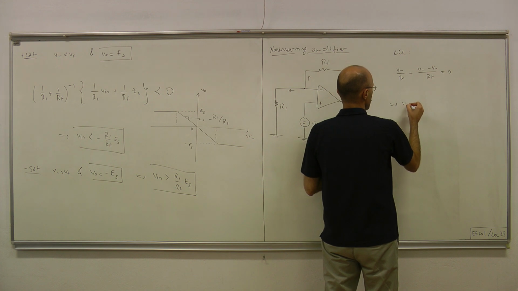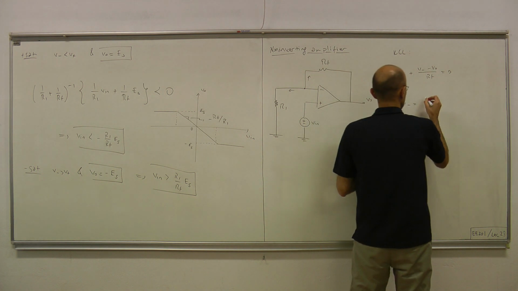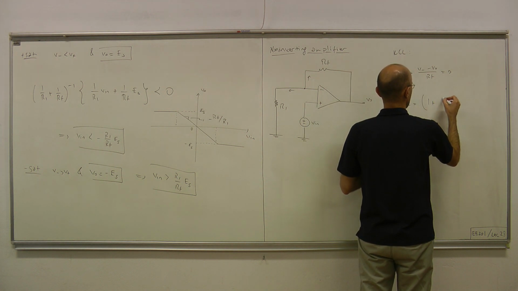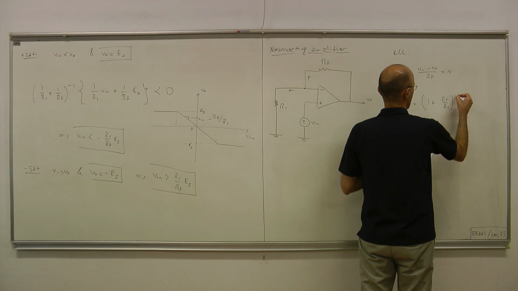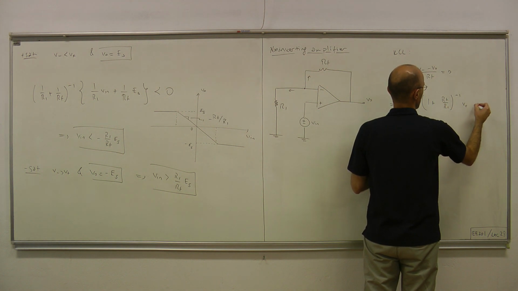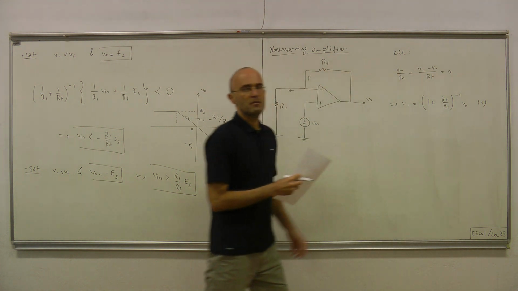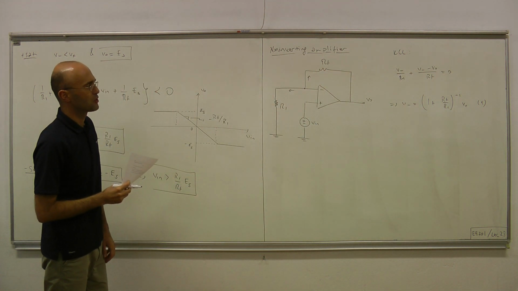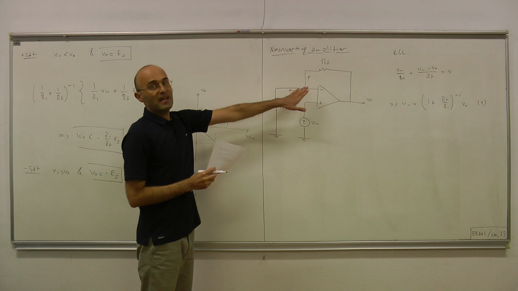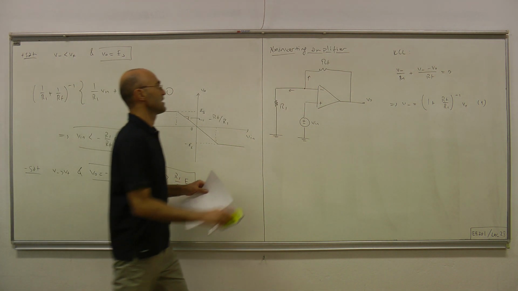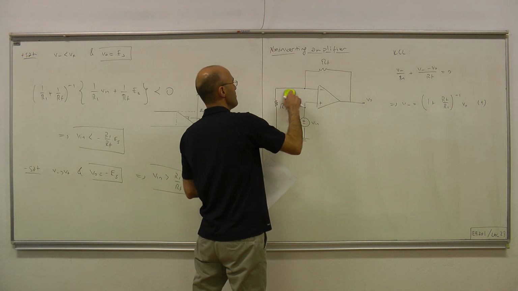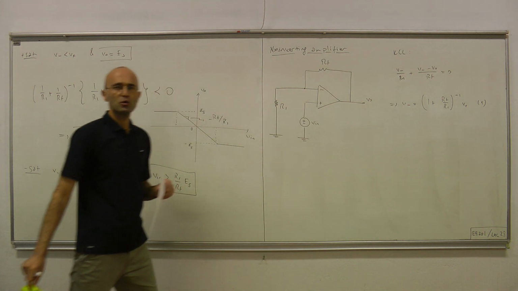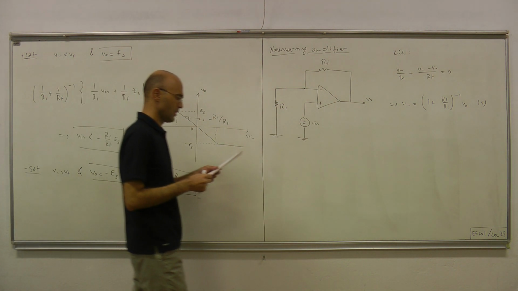So that means V minus equals (1 plus RF over R1) inverse times V out. So V minus depends on V out as such. We didn't make any assumptions depending on the region of the op-amp. Therefore, that equation holds true in all regions.